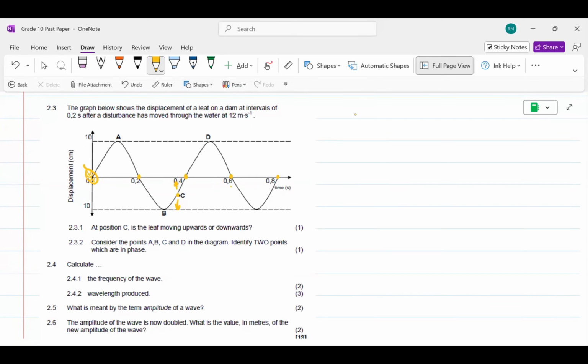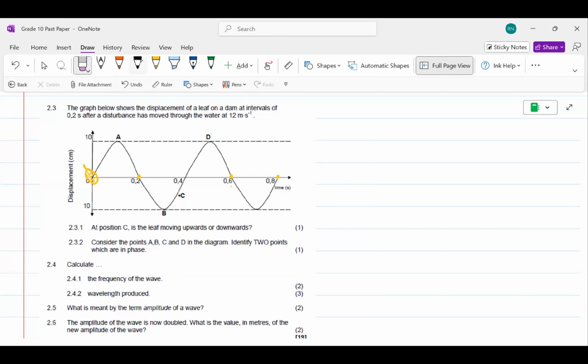Is our leaf going to be going upwards or downwards? Perfect. It's going to be going up because it's already on the trajectory to be going up. So that's perfect. Okay, our leaf is going to be moving upwards.